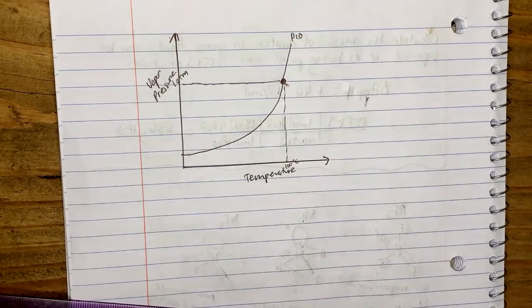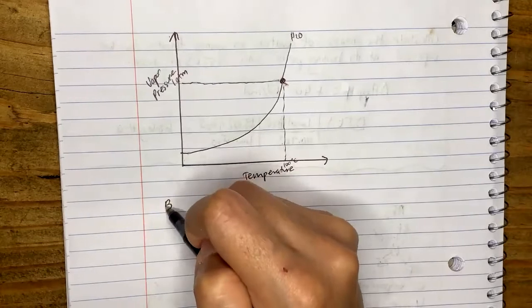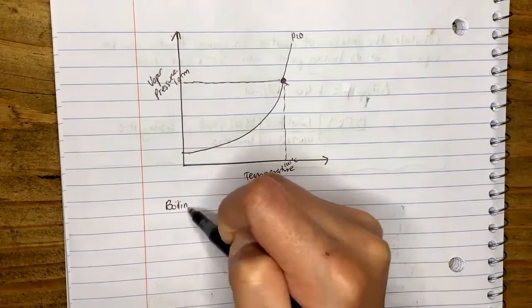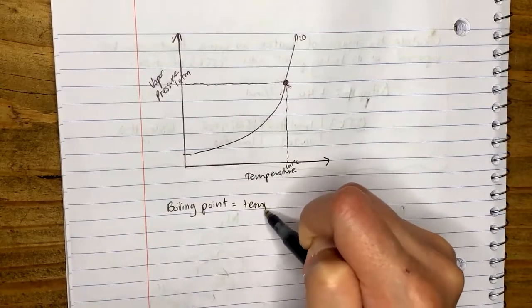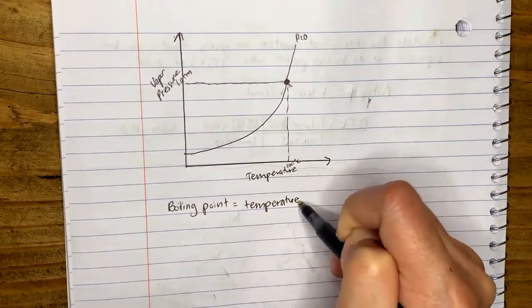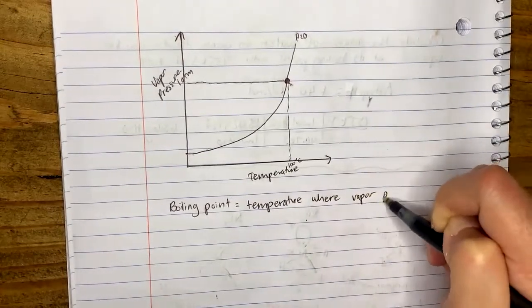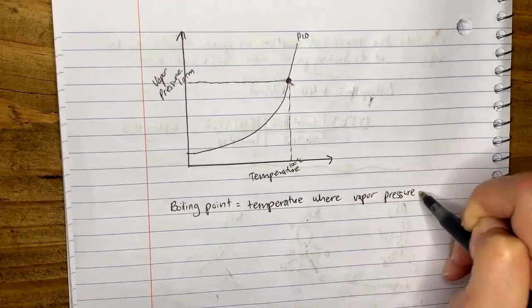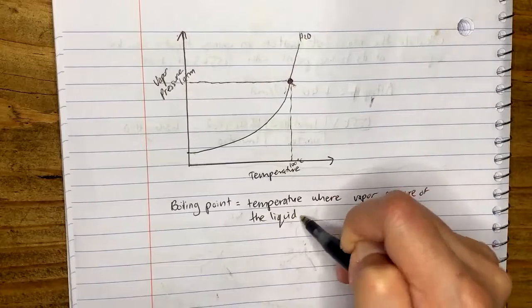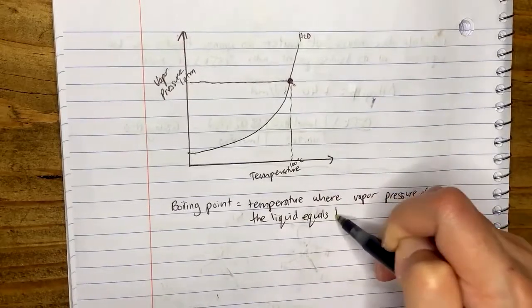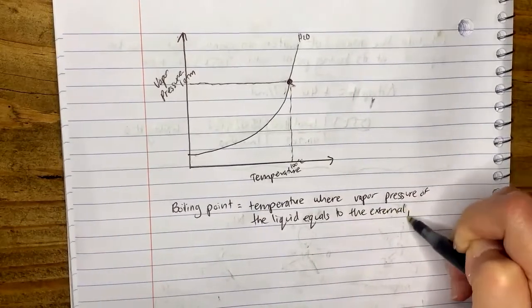Now, boiling point is defined as this. So boiling point, I'll write it out. Boiling point is the temperature where vapor pressure of the liquid equals the external pressure.